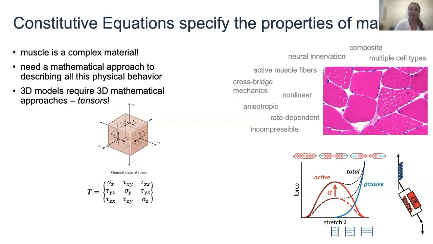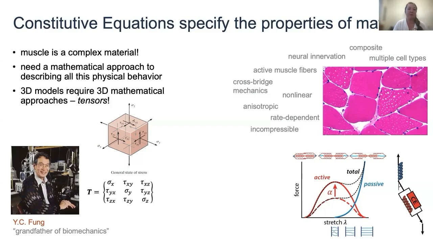And so this is where we use tensors and tensor equations. This is widely used in materials mechanics, but it's on the newer end of biomechanics. How do we define constitutive laws? How do we define these tensor equations for our complex biological materials like muscle?